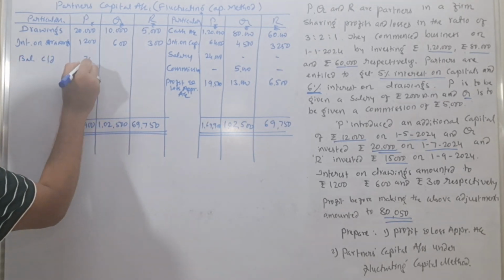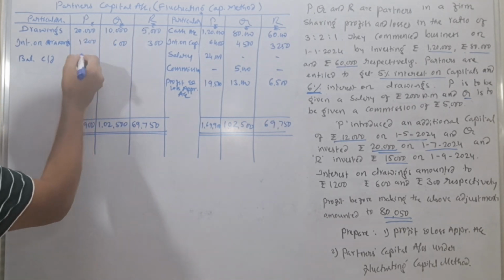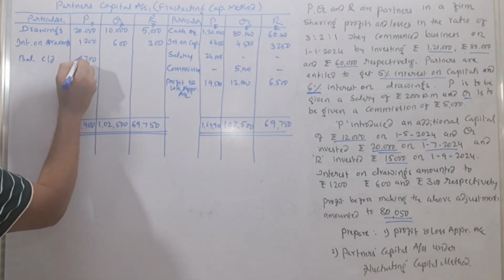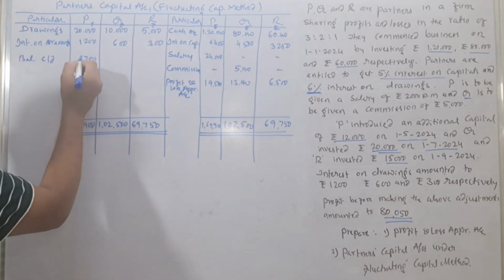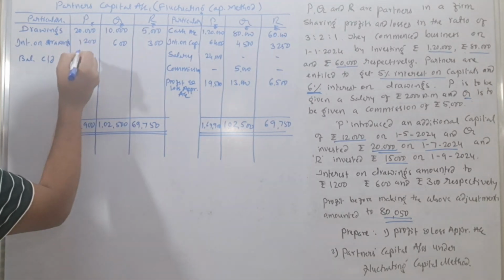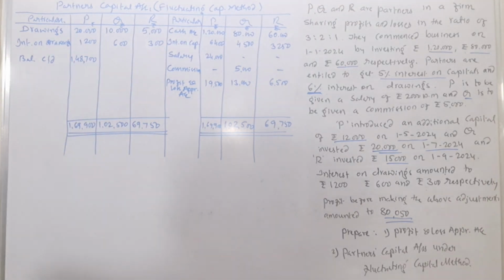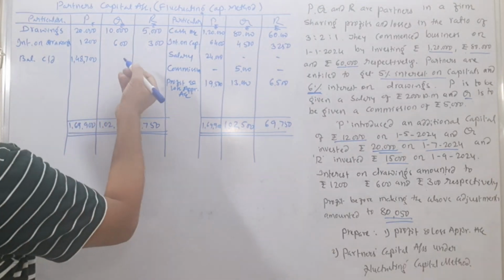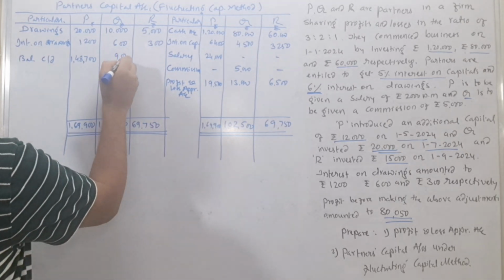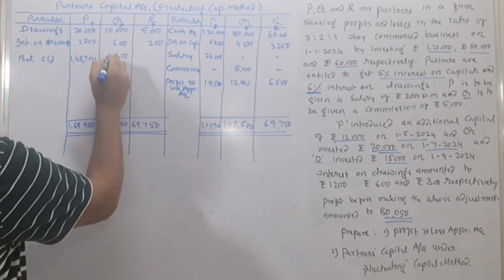Here rupees 700. 1,48,700 is the balancing figure in case of P. Here 9, 15, 1 remains.